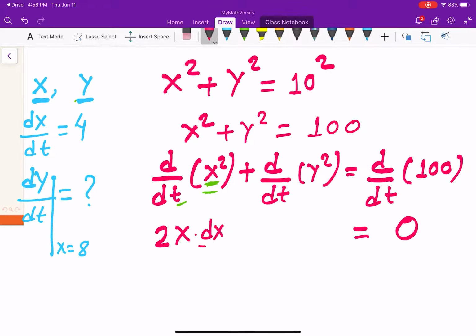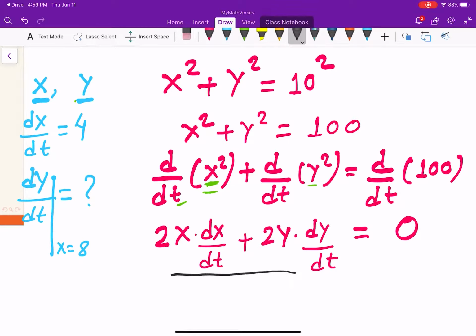In a similar way, y is a function of t, so when we differentiate with respect to t, use the same idea: bring the power down, write down y as it is, subtract the power by 1, so just 2y, right? But don't forget to multiply by the derivative of y with respect to t.